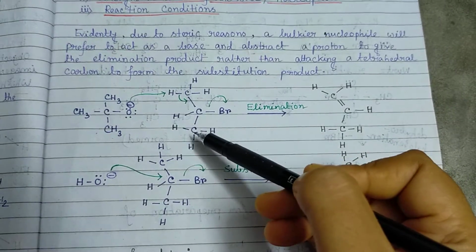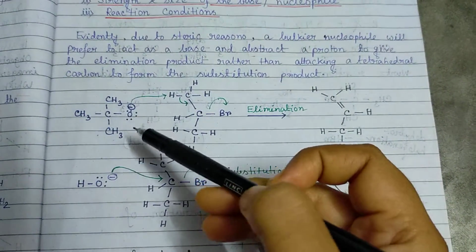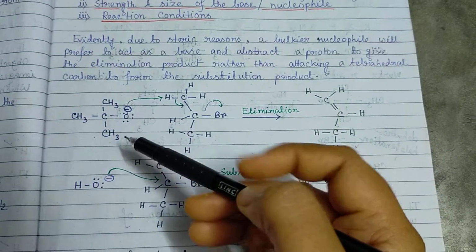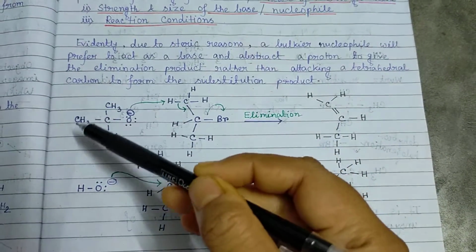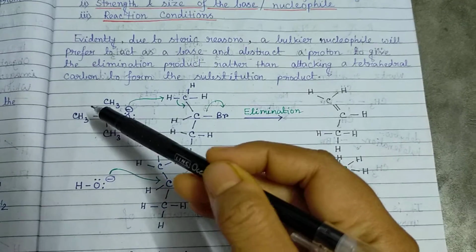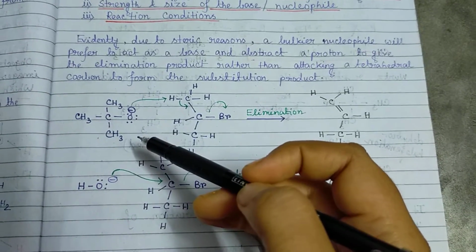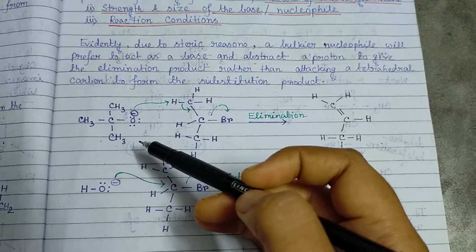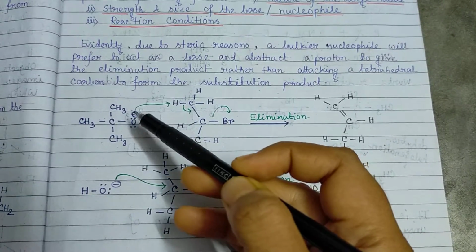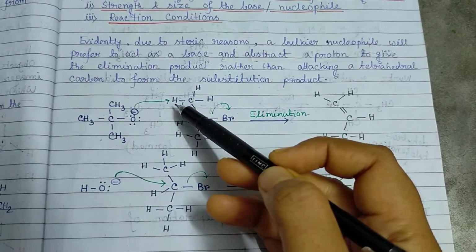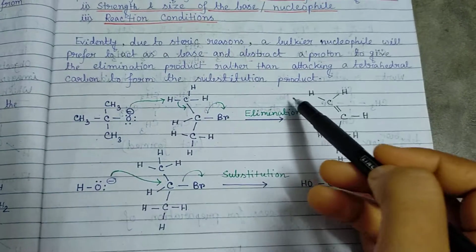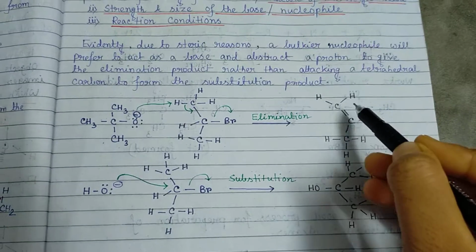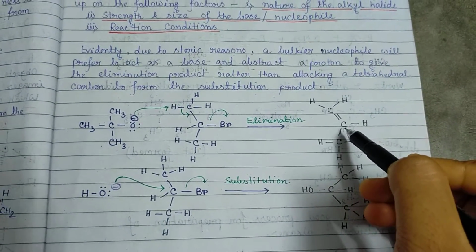So if the same substrate is treated with tertiary butoxide ion one time, then because of the size of this ion it will act as a base rather than as a nucleophile. So this base will take up the beta hydrogen and we can have the elimination product, that means the formation of a double bond, that means alkene.